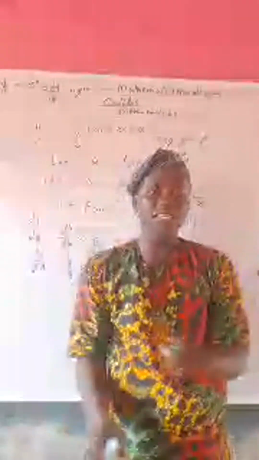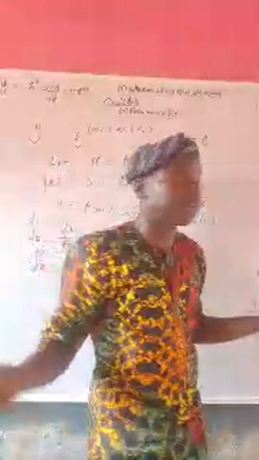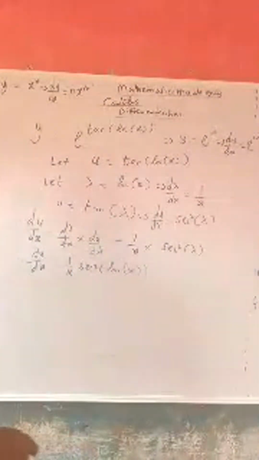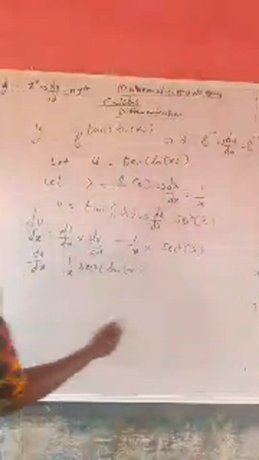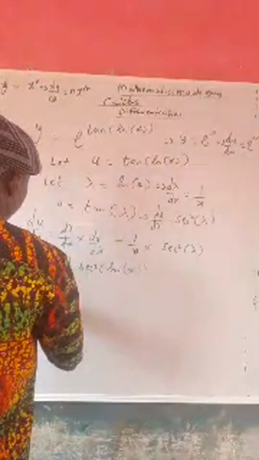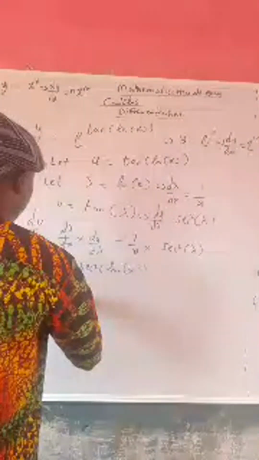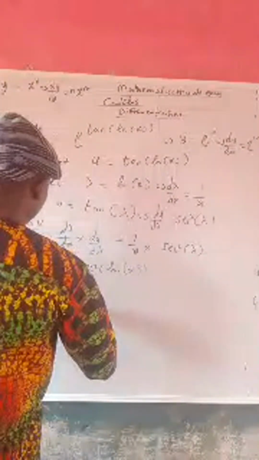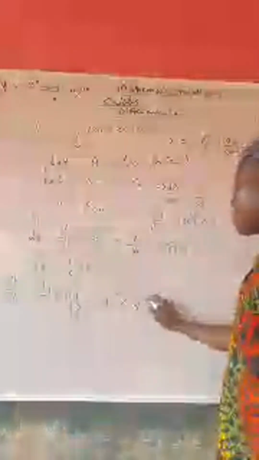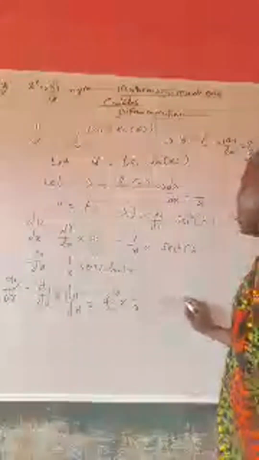If we differentiate it, it's e raised to the power of u. If we integrate it, it's e raised to the power of u. So dy du is still e raised to the power of u. Now we can find dy dx. Dy dx equals dy du multiplied by du dx. What is dy du? E raised to the power of u. Then what is du dx? This guy: 1 over x sec squared natural log of x.